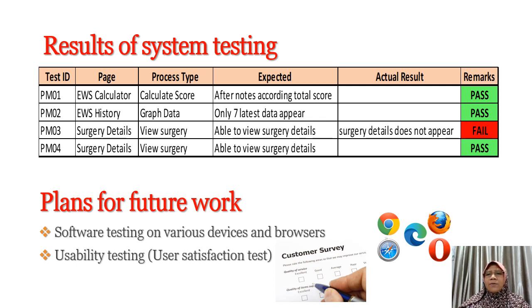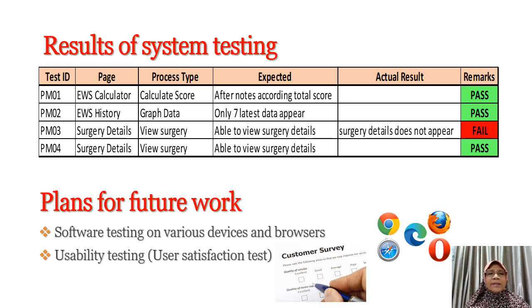From that test, the result is correct, meaning that the test is successful. And then the EWS history, where the process of the test was to test the graph data. In the graph display, only 7 data points will appear on each of the vital signs trend.